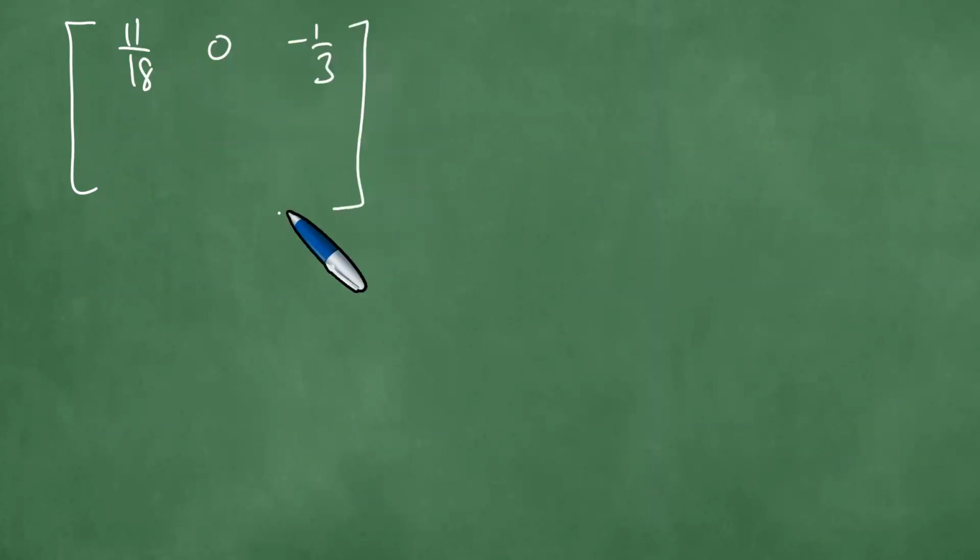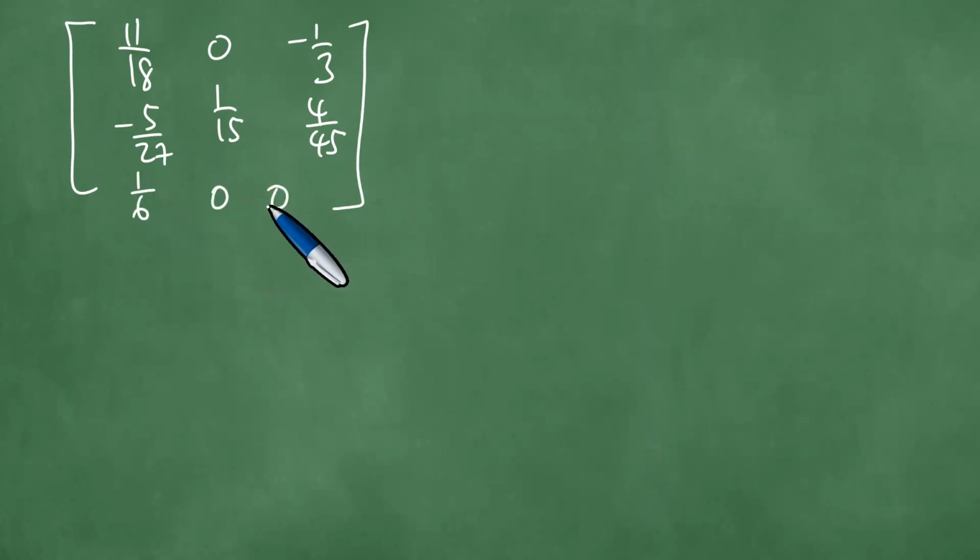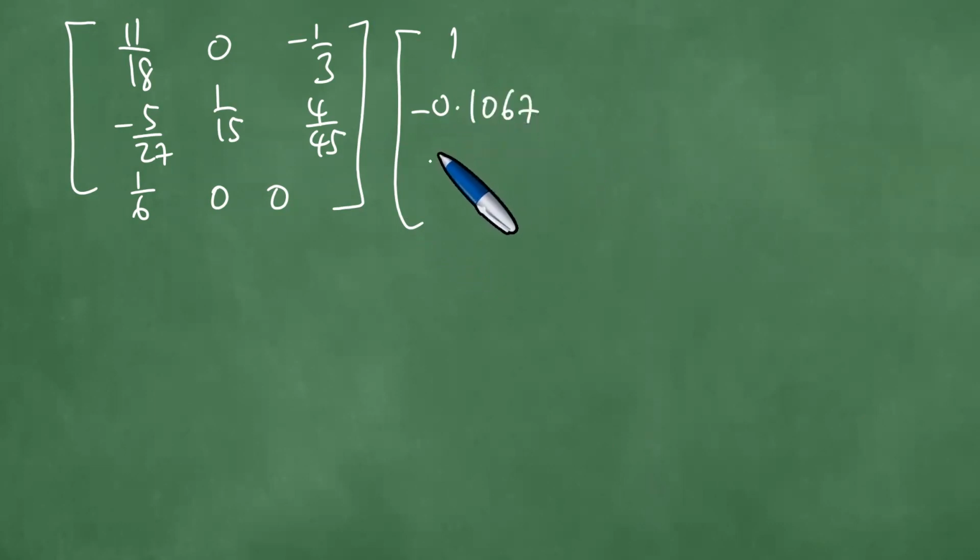And then now you get 11 out of 18, 0, minus 1/3, minus 5 out of 27, 1 out of these, 4 out of 45, 1600. 1, minus 0.1067, 0.06.